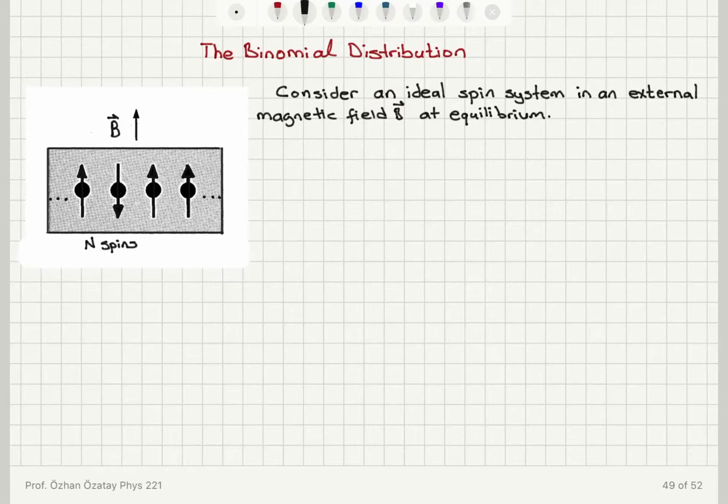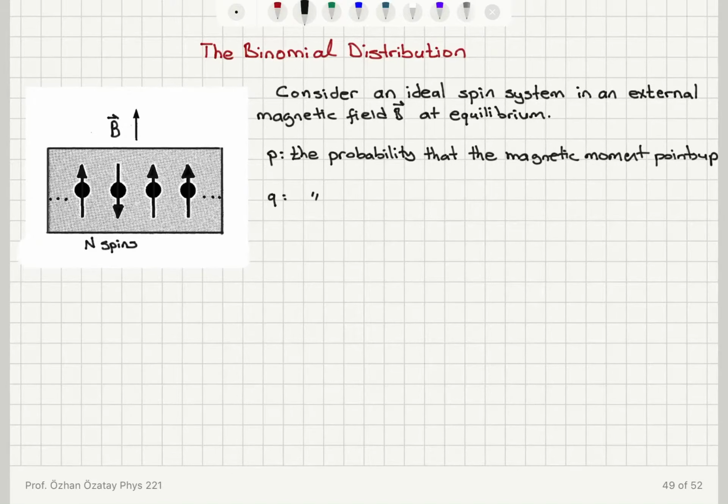Now I call P the probability that a moment points up, that the magnetic moment points up, and I call Q the probability that the magnetic moment points down.